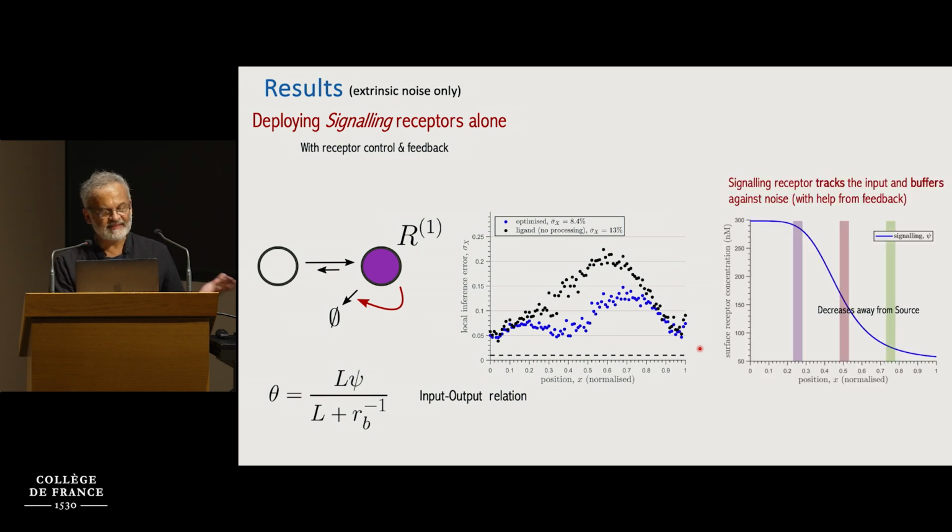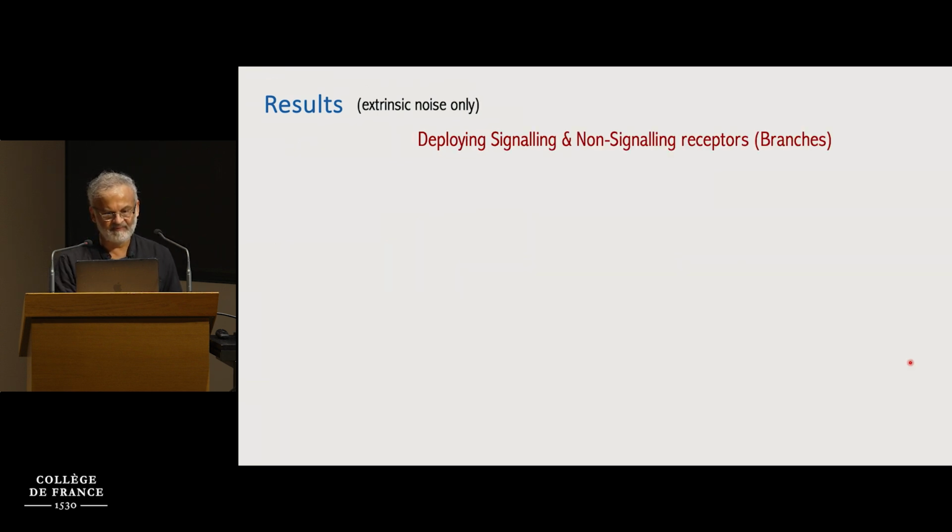In this particular architecture, there being only one cell surface receptor type, it simply tracks the morphogen. That is, it decreases away from the source. Now, by deploying two different receptor types, something quite dramatic happens.